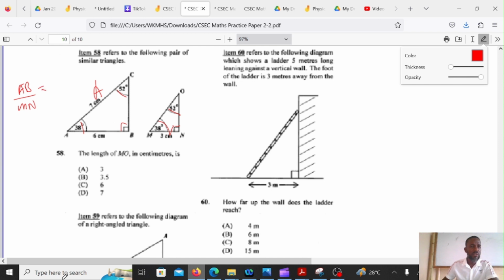So AB is equal to 6 centimeters and MN is equal to 3 centimeters. So 6 cm divided by 3 cm is equal to what? 2. Okay, so the scale factor there is 2.